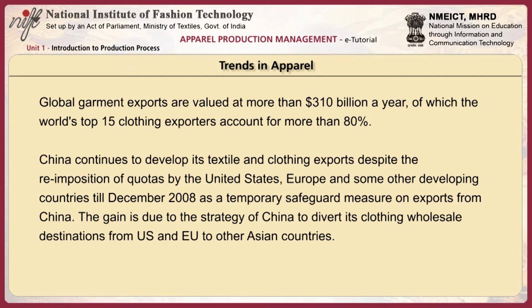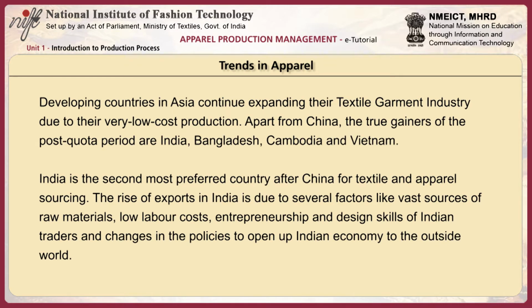The gain is due to the strategy of China to divert its clothing wholesale destinations from US and EU, that is European Union, to other Asian countries. Developing countries in Asia continue expanding their textile garment industry due to their very low cost production.